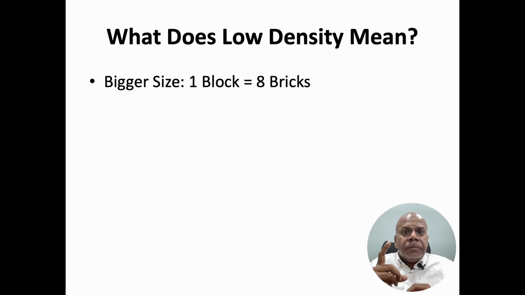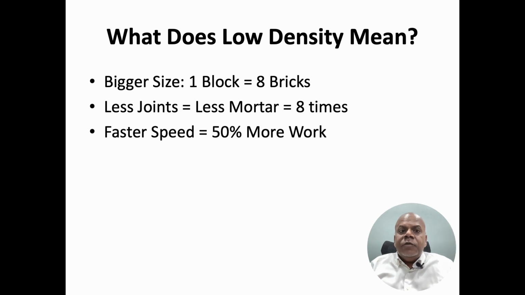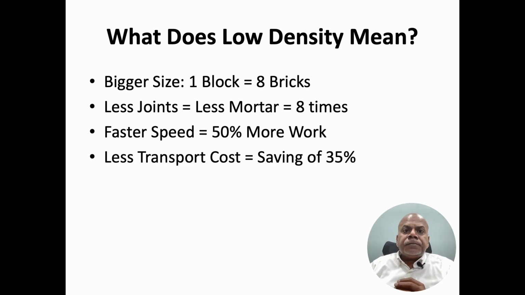So that is a major benefit with AAC blocks, that you can make a much bigger block, you can save the joints, and you can increase the speed of construction. So all 3 points are connected with it being a low density material. Otherwise we would not get these benefits.